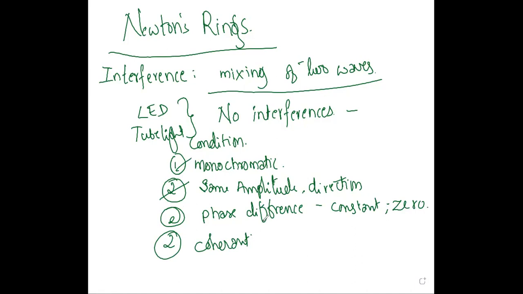So if two sources satisfy these conditions, then interference takes place. Interference means, don't forget this word, superposition. Superposition of two or more coherent waves with a constant or zero phase difference forms alternate bright and dark fringes.